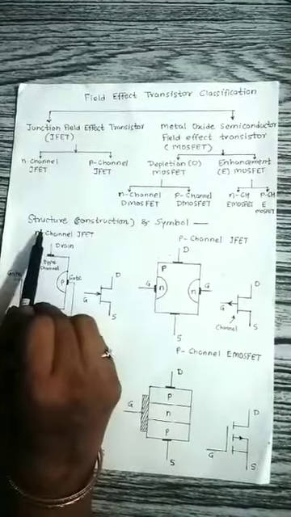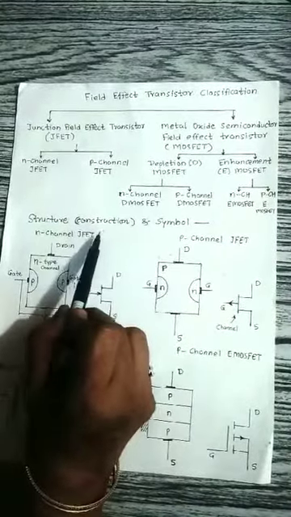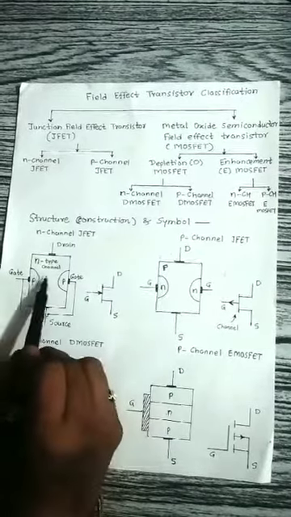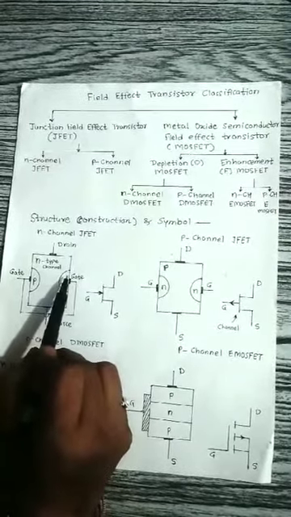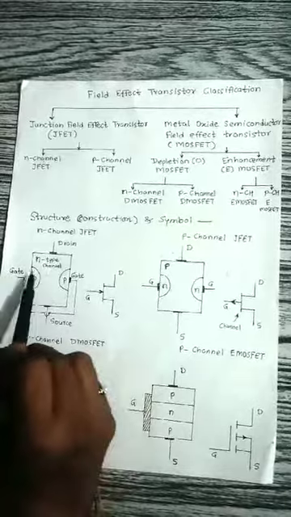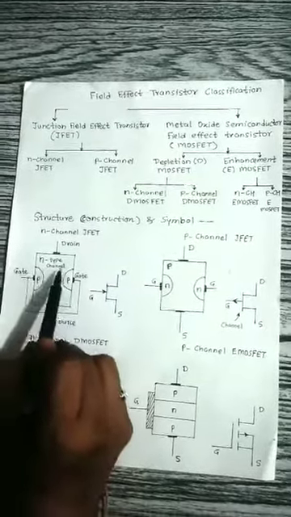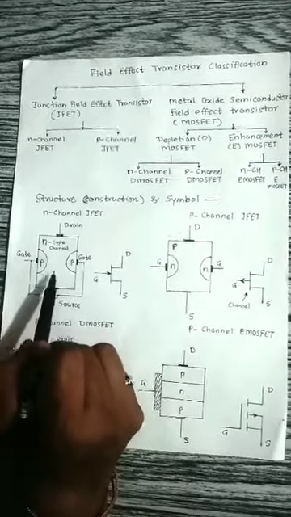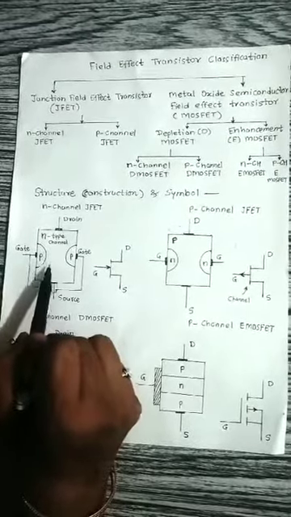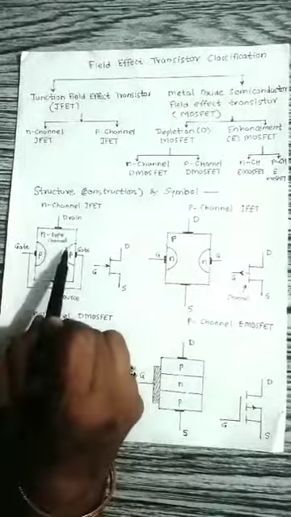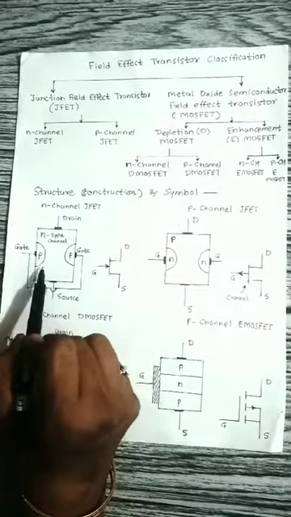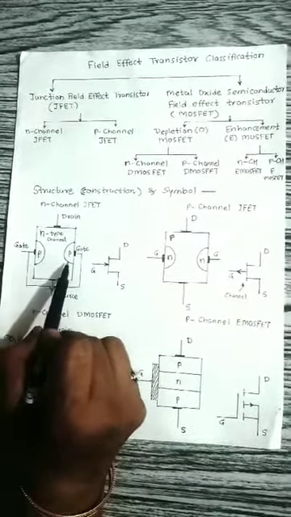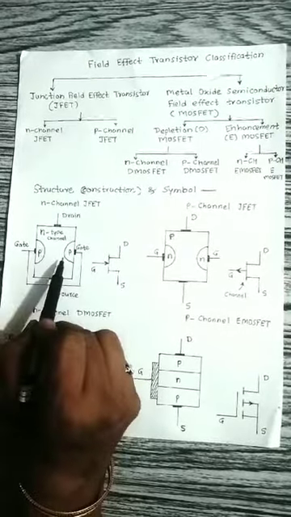Now let us see structure or construction of N-channel FET and its symbol. In this case, N-type channel or N material is used to construct this FET, and these two P-type materials are alloyed at both the sides and they are heavily doped.